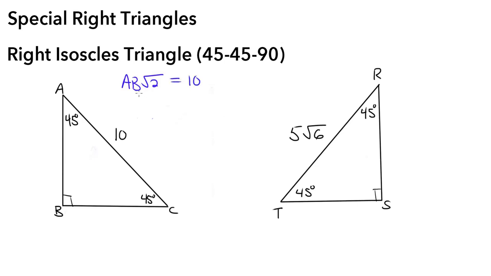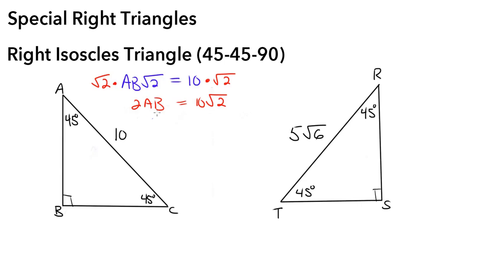Now, in order to solve for AB, I need to get rid of this radical 2. So I'm going to multiply both sides by radical 2, because radical 2 times radical 2 equals 2. So on this side, radical 2 times AB radical 2 becomes 2 AB, again, because radical 2 times radical 2 equals 2. And on this side, I have 10 radical 2.